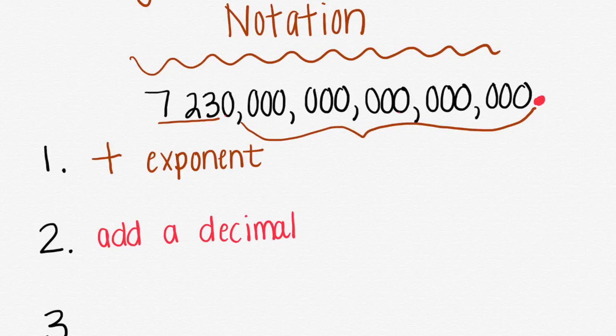Remember that when writing something into scientific notation, we need to move that decimal point so that there is only one digit in front of the decimal point, so that the decimal moves all the way behind the 7.